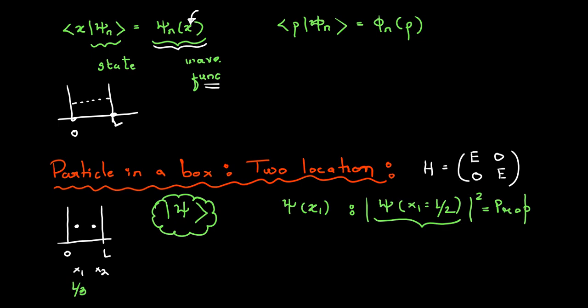Similarly I can have this object psi of x2, and say this is at some location, maybe 2L by 3. Then psi of x2 at 2L by 3, squared, will give me the probability of finding the particle at location x2.